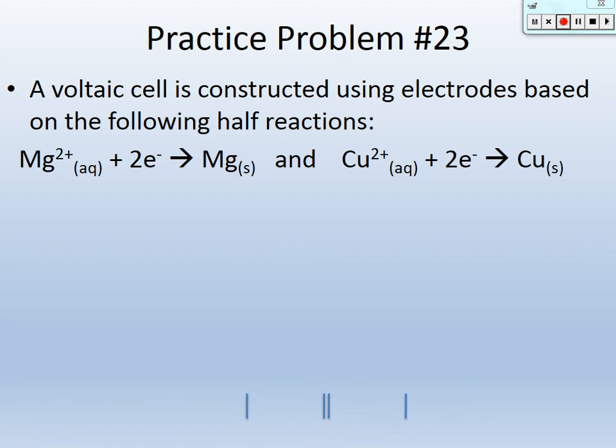So it just gives us these half reactions here. It doesn't tell us which one is being oxidized, which one is the reduction, but it does tell us that it's a voltaic cell, which tells us that the E naught of the cell is positive. So the voltage better be positive. So we can arrange it so that the voltage is positive.